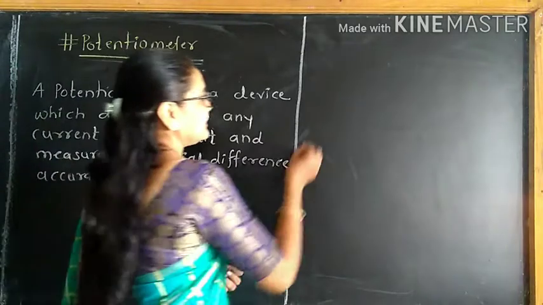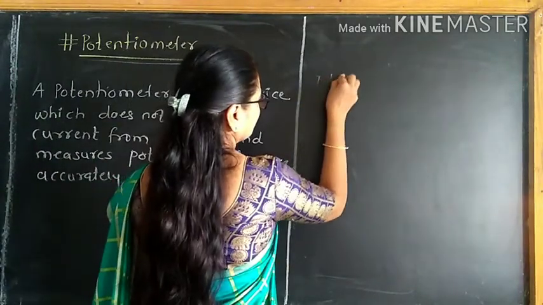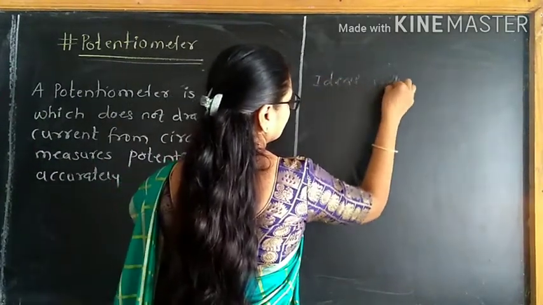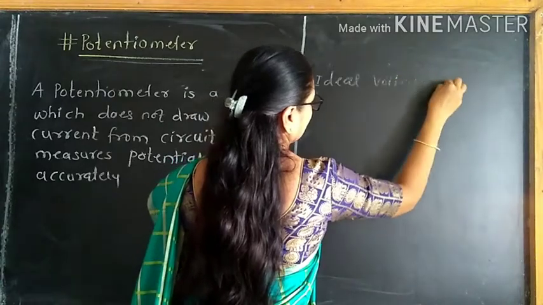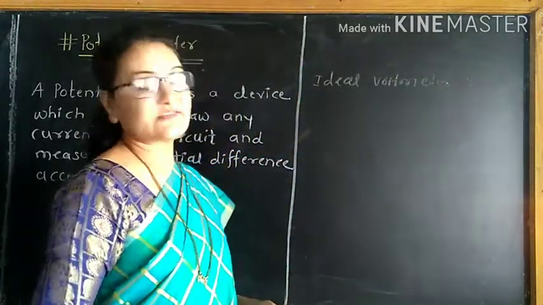We know that an ideal voltmeter has infinite resistance.